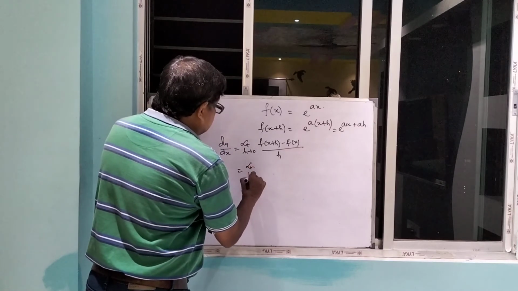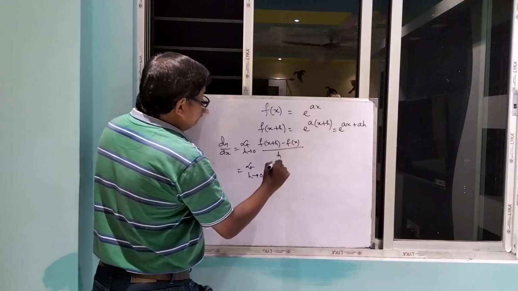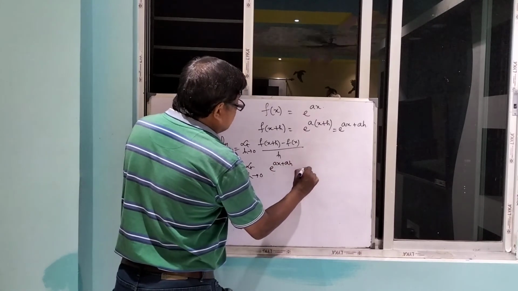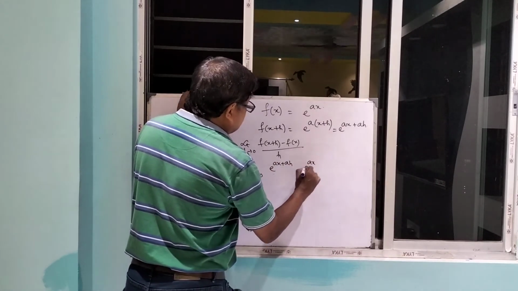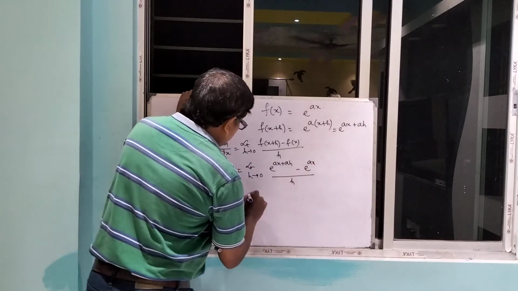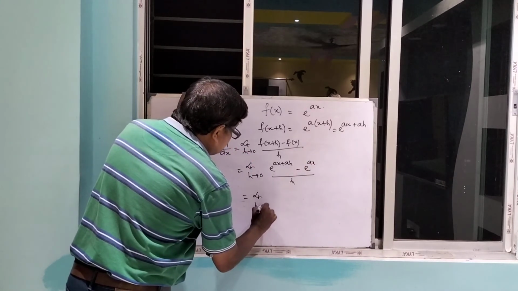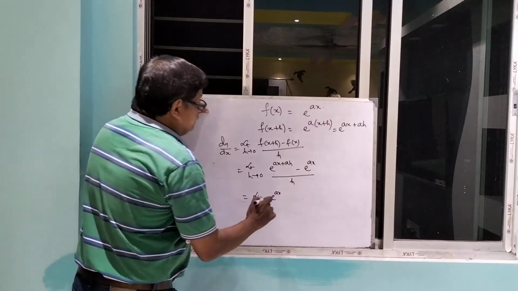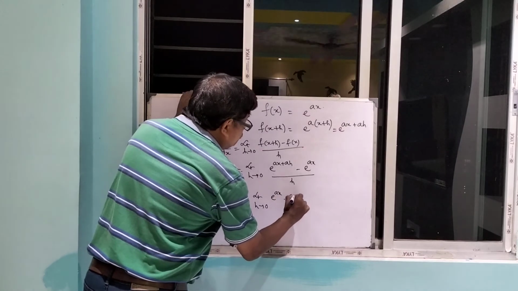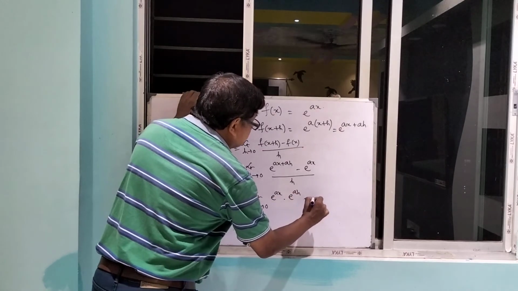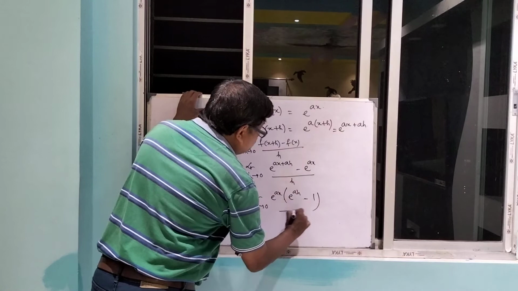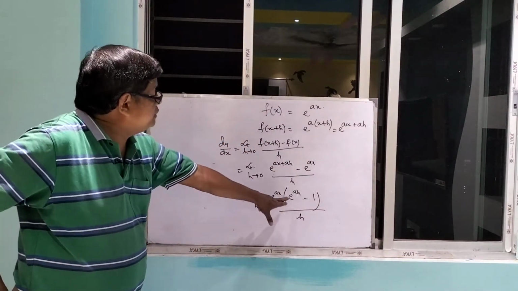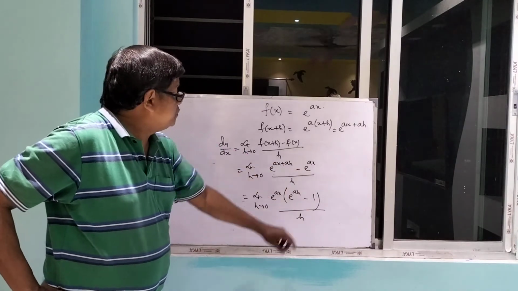So the limit h tends to 0 of e to the power ax plus ah minus e to the power ax, by h. Taking e to the power ax common, we get e to the power ax into e to the power ah minus 1, by h.